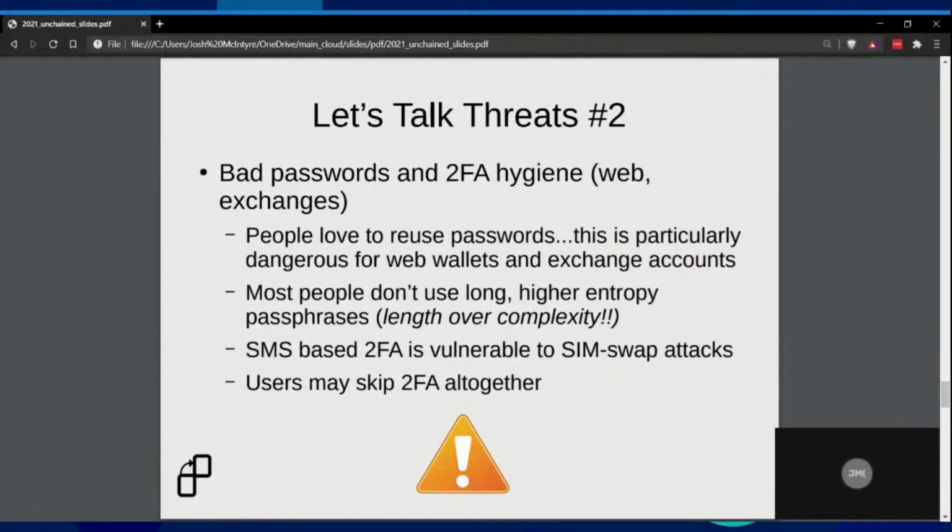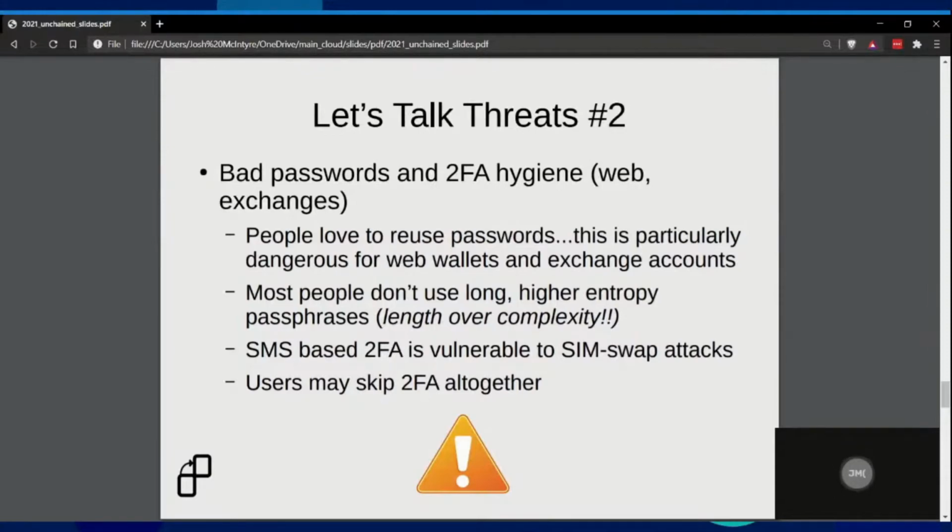So, Google and Facebook and Coinbase and Binance have good security over their password databases, surely. But the problem is if you reuse your password for those accounts on some one-off Etsy website or something that doesn't have very good security, and that gets leaked in an attack, now attackers have your password.